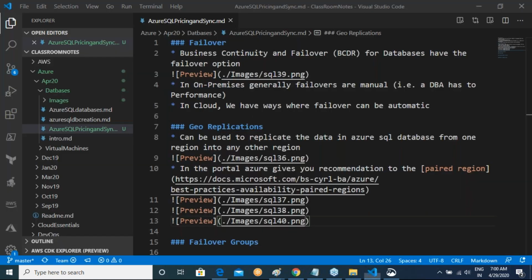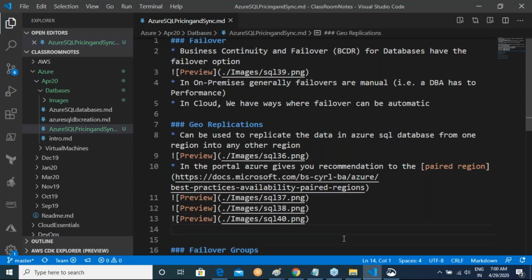But you have to understand one thing. In Geo replication, failover is manual. This is something which I want you guys to understand.